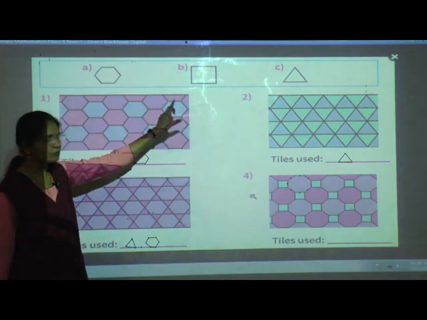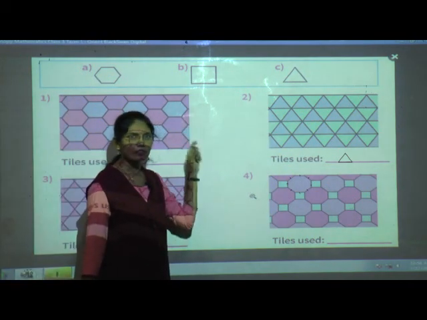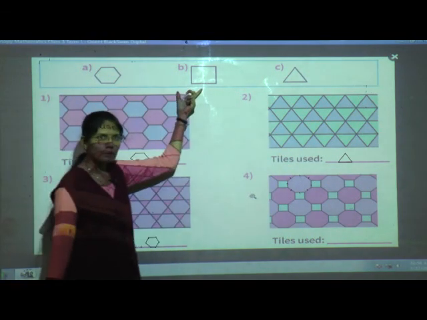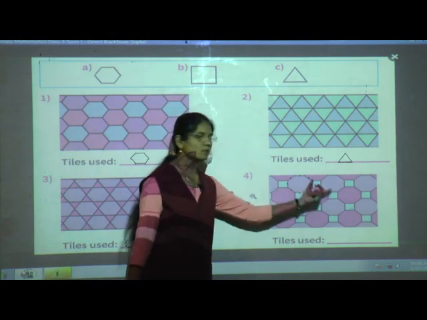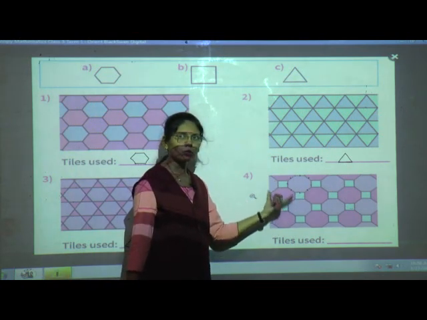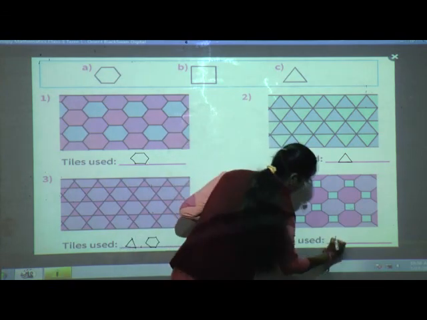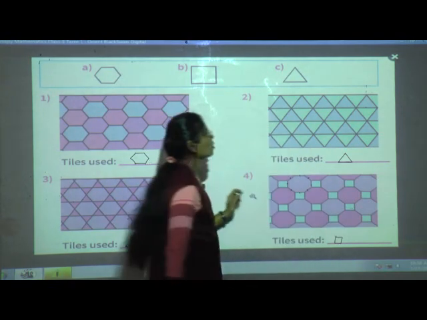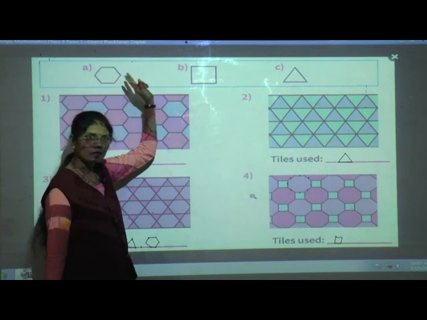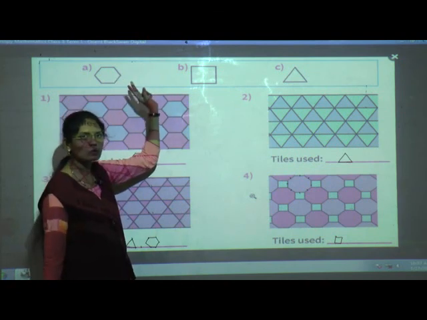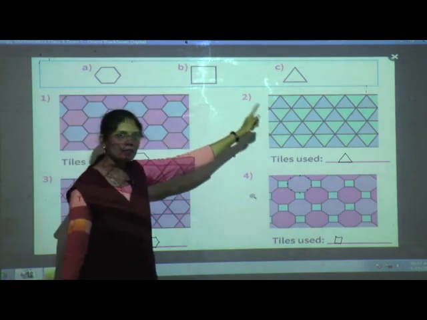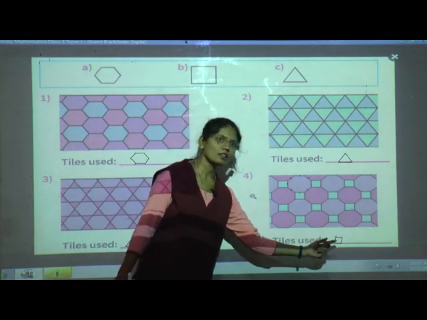What is the question? We only have to select the tile which is in the box. So here two shapes are there, but we will draw only the square. Why? Because this octagon is not there in the box. So only we will draw the square here.